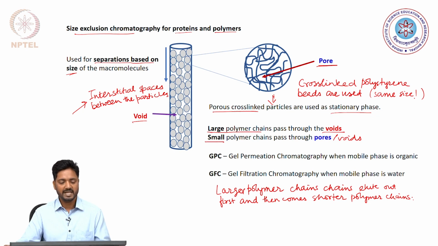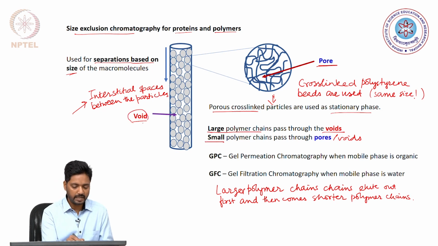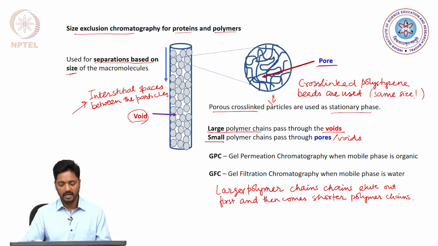In size exclusion chromatography, larger proteins will travel mainly through the voids and will come out first, and the smaller proteins will spend more time inside the pores and will come out much later.